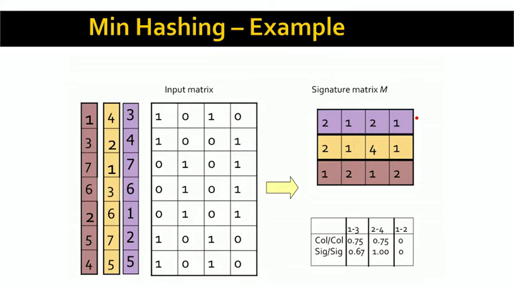Another interesting example is columns 1 and 2. These columns have an empty intersection, so their Jaccard similarity is 0. It turns out that when the Jaccard similarity is 0, it is impossible for any min-hash function to return the same value for these two columns, as we see again in the white table. Thus, the similarity of these signatures is 0, as it must be.